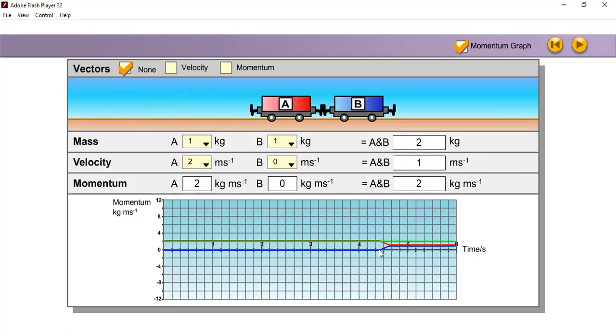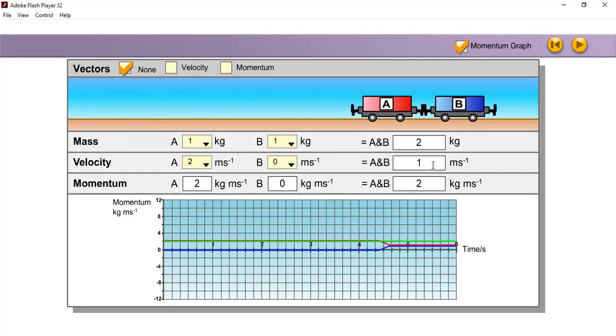After collision, the momentum of trolley A is reduced, the red color, and the blue color, the momentum increases. The green color shows the total momentum.